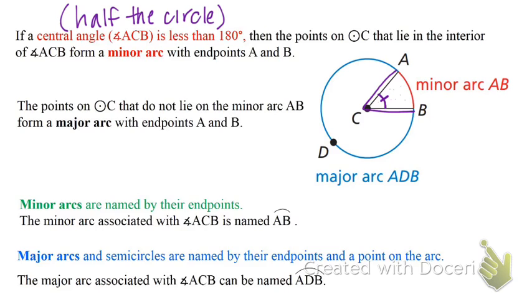So I can draw any dots inside, and those are all inside the circle. Then the kind of arc that gets created is known as a minor arc. So another way of thinking about a minor arc is that a minor arc is always smaller than a semicircle.